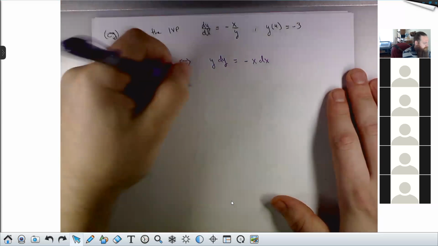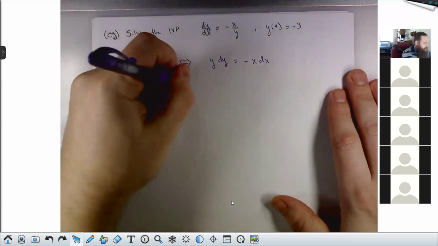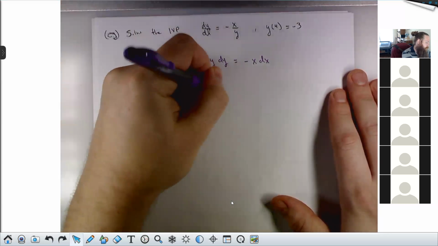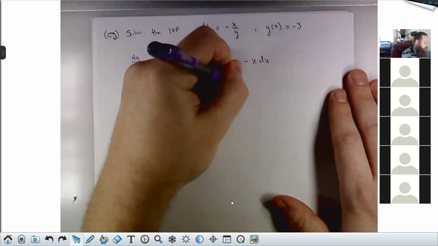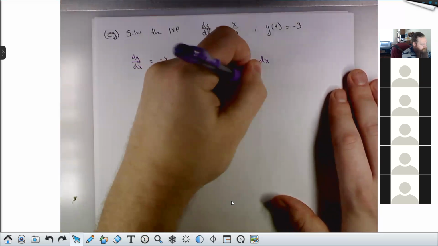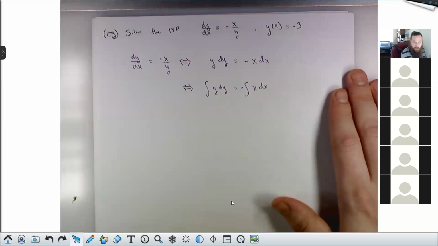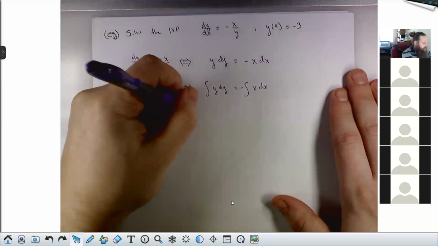Now I can integrate on both sides. So the integral of y dy is equal to the negative integral of x dx. Both of those are power rule integrals, nothing fancy.